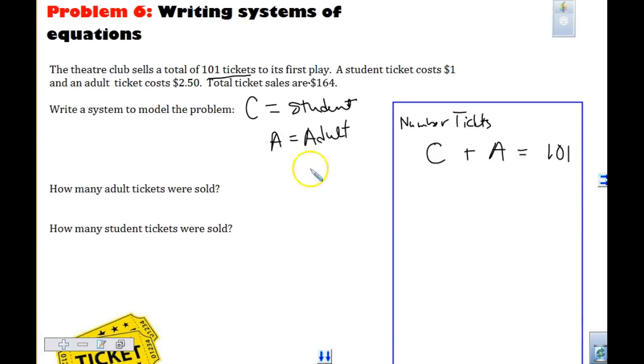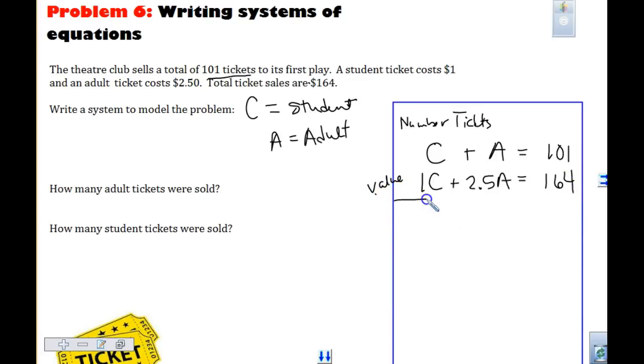The next equation is going to deal with the value of each ticket. What was the value of each student ticket? $1C. Plus how much was the adult? 2.5A. And what was the value of all the tickets? 164.